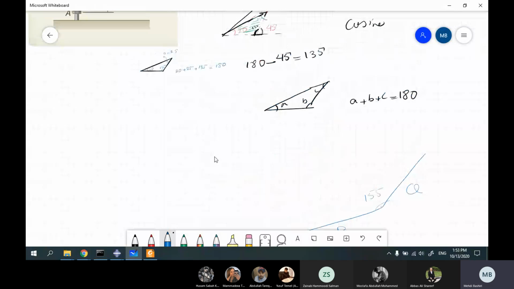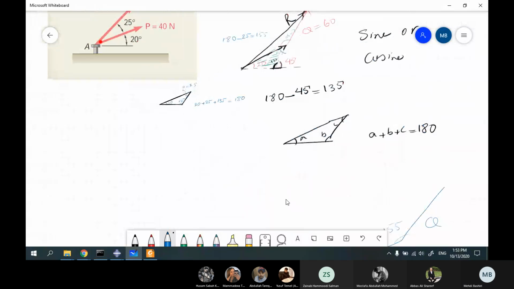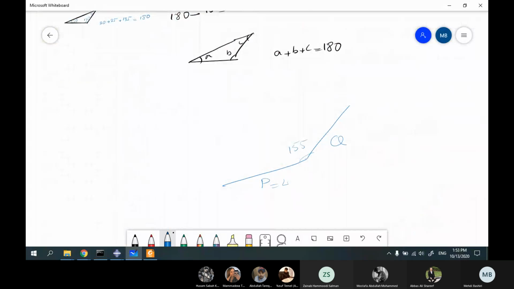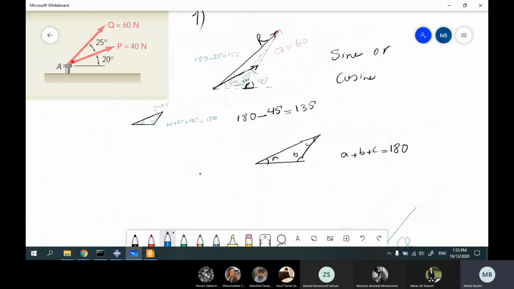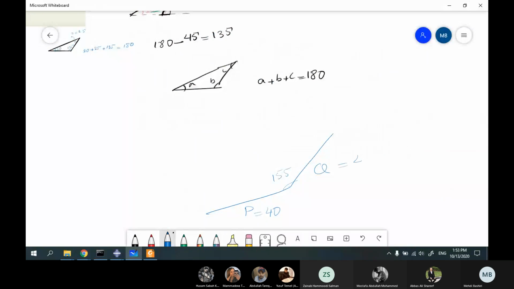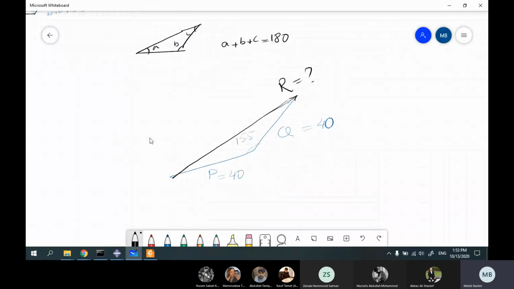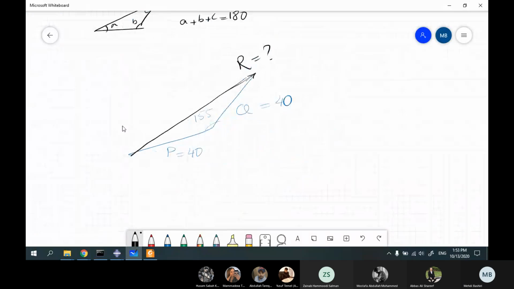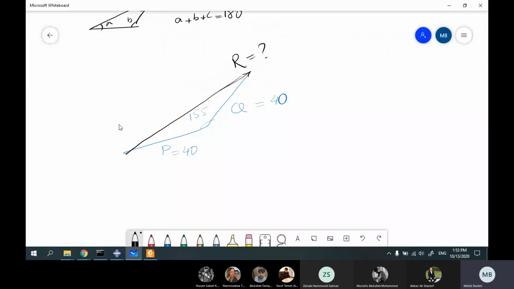What is the magnitude of P? 40. What is the magnitude of Q? 60. And what is the total magnitude, or R? If I ask you to find it, now you can easily find R by what?